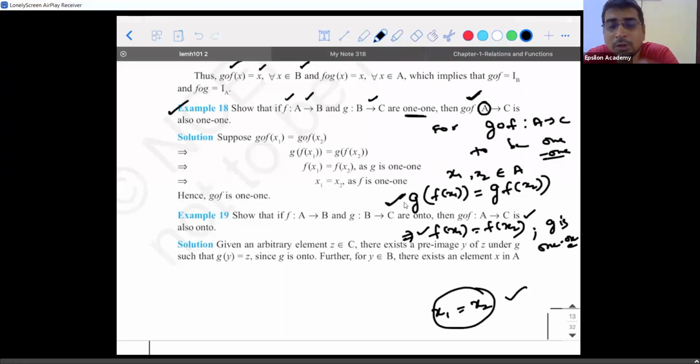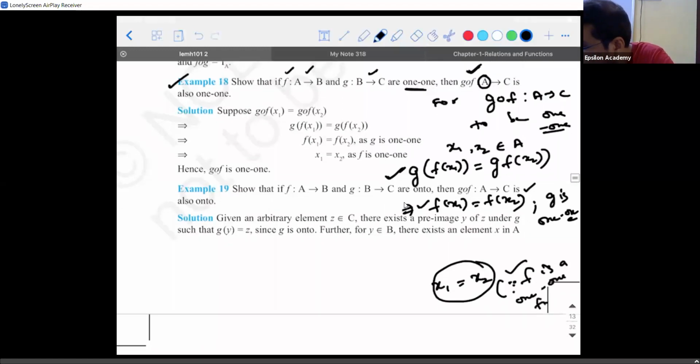Now what can you say about the values inside that f? f of x1 equal to f of x2 will give you x1 equal to x2 if f is a 1 to 1 function. But what is given in the question? f is also a 1 to 1 function. So what can we say? x1 is equal to x2 since f is a 1 to 1 function. This is a very, very important question. I suggest you all to practice it again.